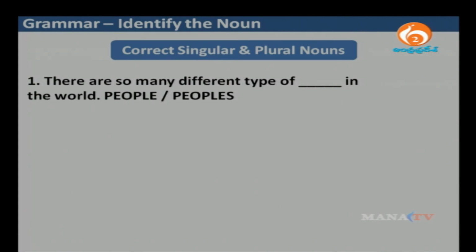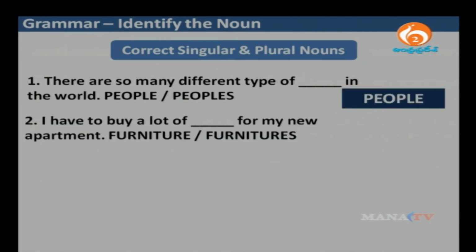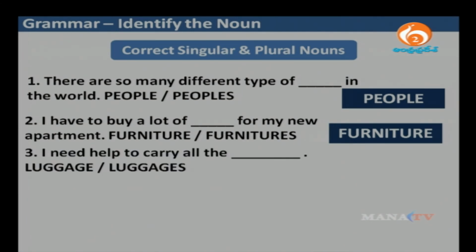So, furniture is the correct word. I need help to carry all the luggage or luggages? It is luggage. There is no plural form for that. After the party, there was a lot of garbage or garbages? The answer is garbage. There are no plural forms for this.